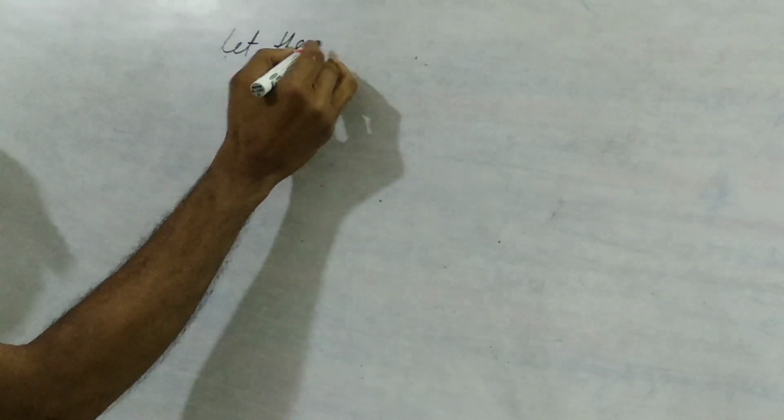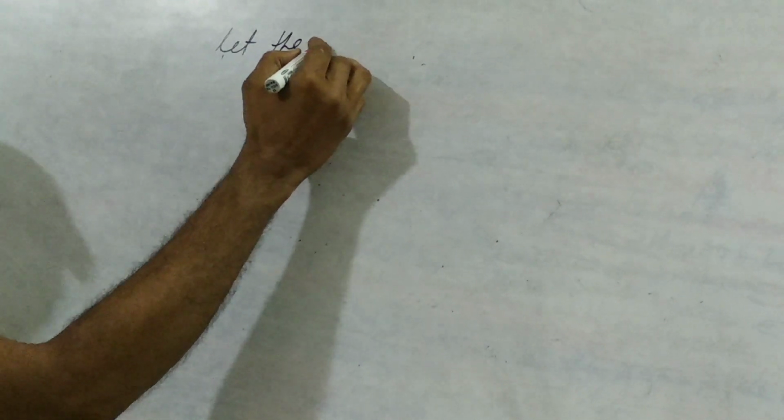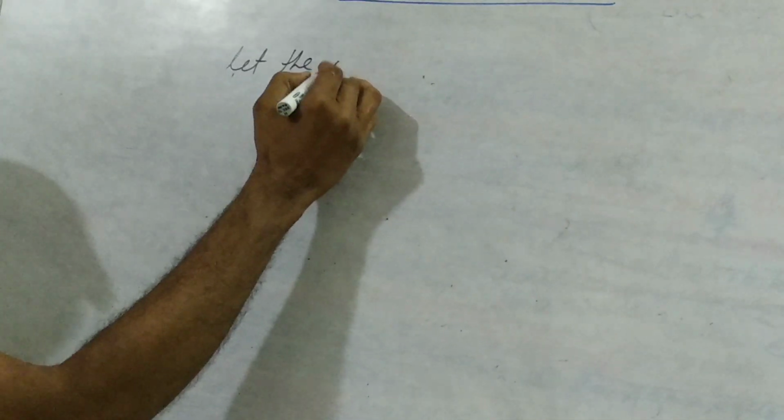We shall now find out the expression of density, or deduce the expression of density of a unit cell. So we consider a unit cell of edge length a.